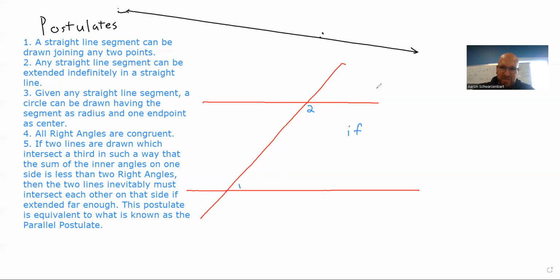If, I suppose I should label my lines. I've talked to you about points being capital letters. Lines are going to be lowercase letters. And for my same side interior angles postulate, you're going to want to get this written down.